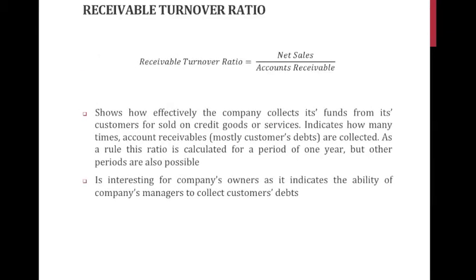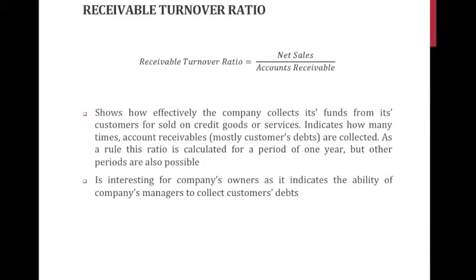And here we had a group of indicators when we talked about various turnovers in days, but the same parameters we can calculate in a slightly different way, as turnover ratios. For example, talking about receivables, we can calculate the receivable turnover ratio by dividing net sales by accounts receivable.